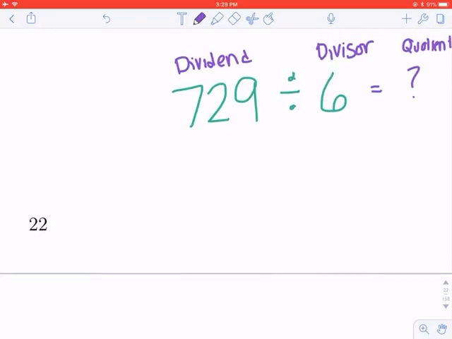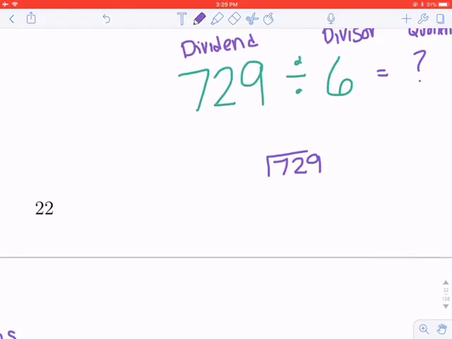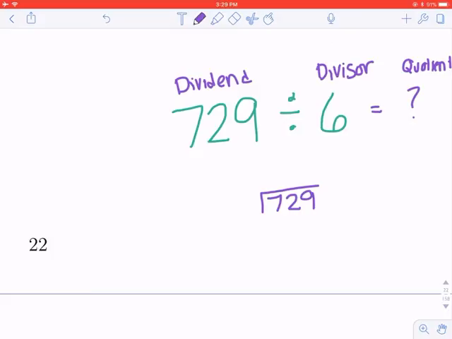So to set up long division, you always put the dividend inside the long division symbol, and you put the divisor on the outside. So it kind of reverses their order. This would still be 729 divided by 6, even though now the 729 actually looks like it comes second. When you do long division, you're always working in columns.